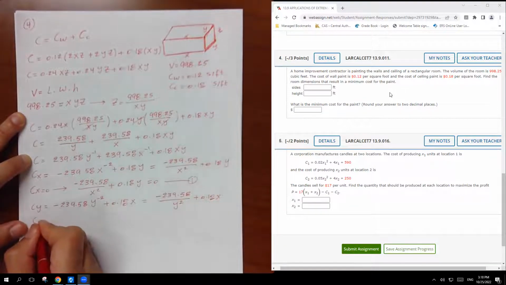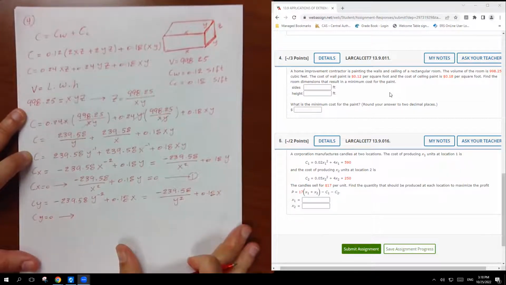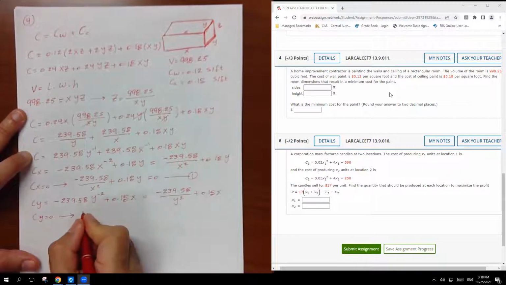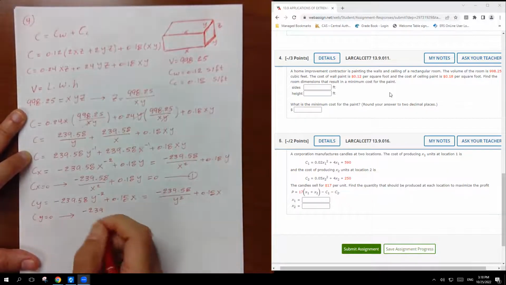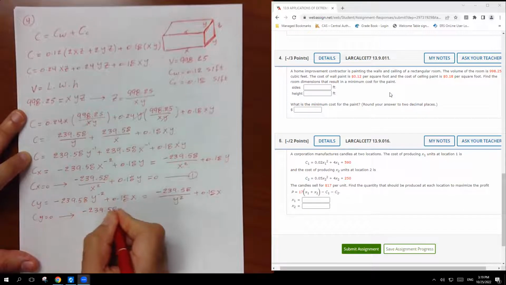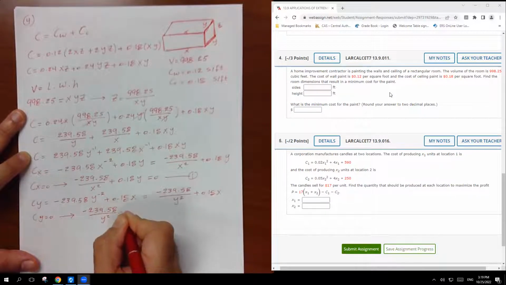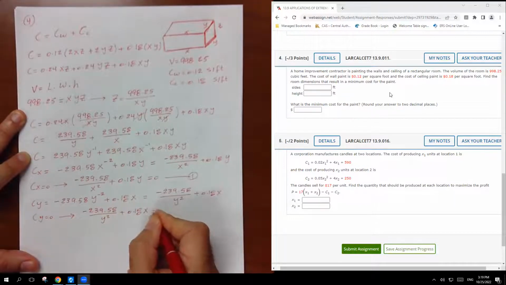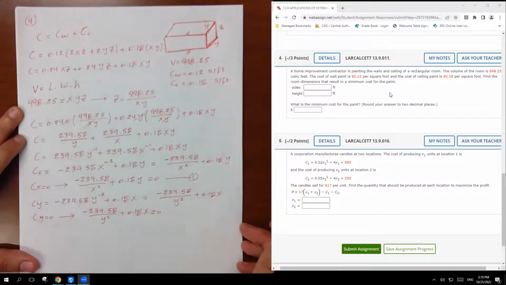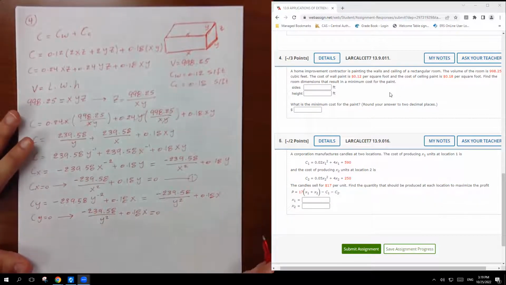C sub y equals 0. That means this one equals 0. So negative 239.58 over y squared plus 0.18x equals 0. Let's keep going. Now we have two equations.